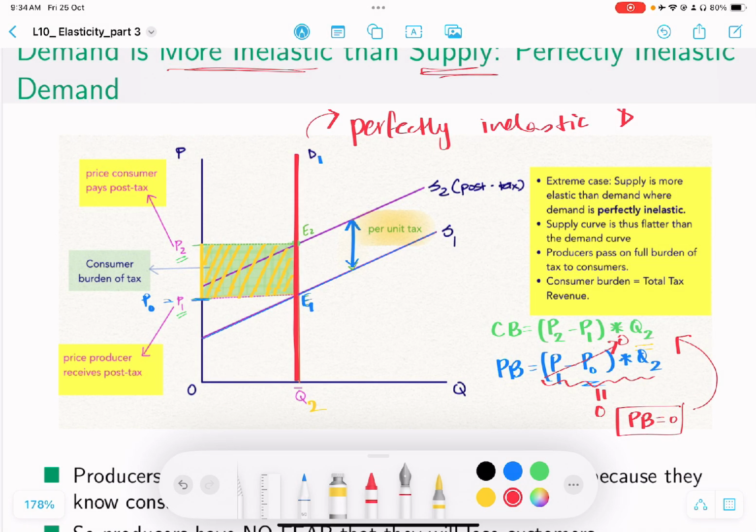So for the extreme case where the demand curve is perfectly inelastic, the full tax burden is being paid by the consumer. So like before, when demand is more inelastic than supply, the consumer burden is still greater than the producer burden. It's just that it's a unique case where the producer burden is zero.